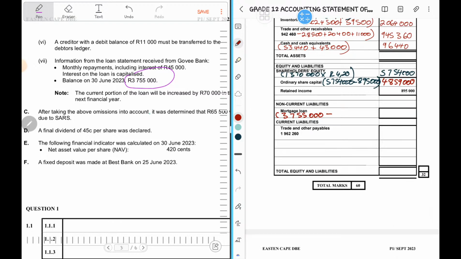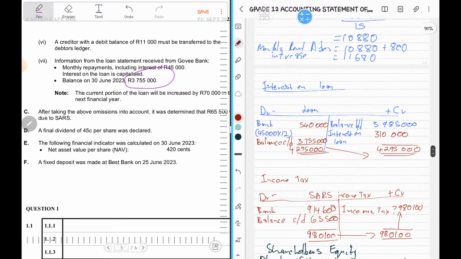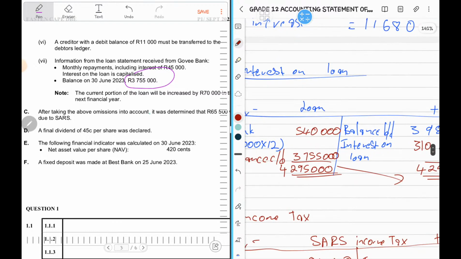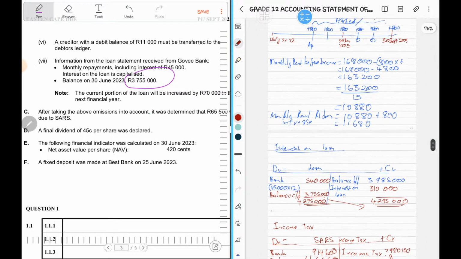But remember, earlier on when we were calculating the loan amount, we were only calculating the interest. We still have to calculate the repayment, which will be this year's current portion of loan. So it will be how much? It will be repayment excluding interest.